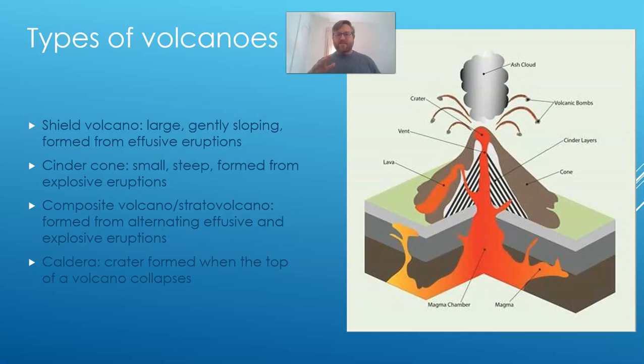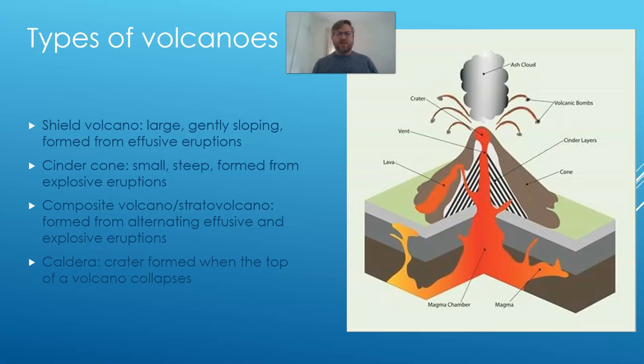So you're going to get a very large, very gently sloping volcano. And we call that a shield volcano because it kind of looks like a medieval shield laying on the ground, right? It curves up a bit in the middle, but is very wide, very broad. So that's what you get if your volcano has primarily these effusive eruptions.